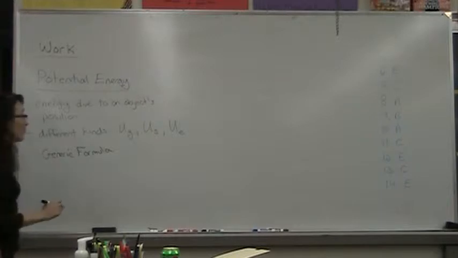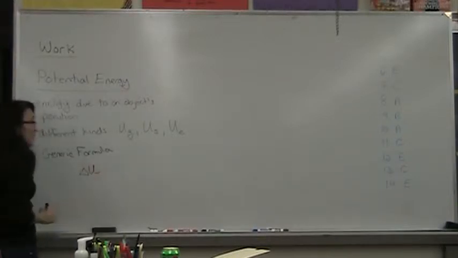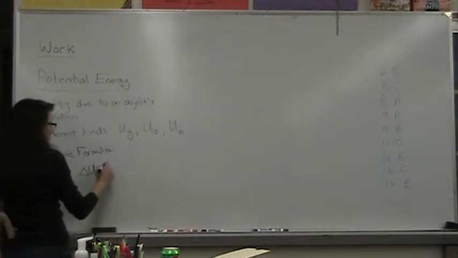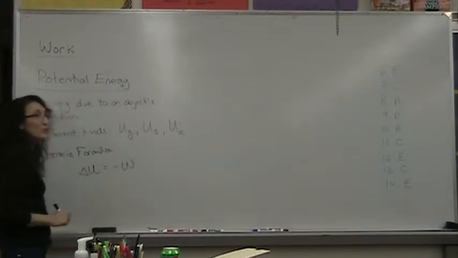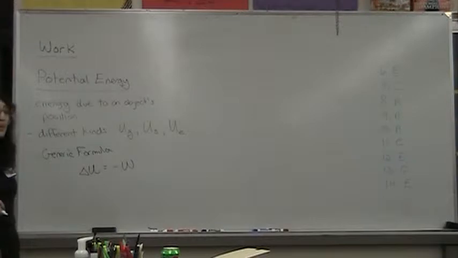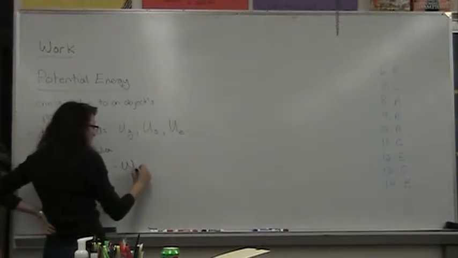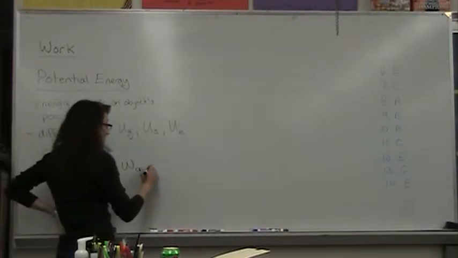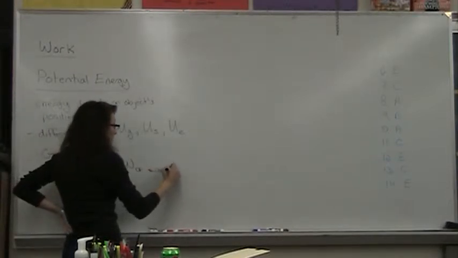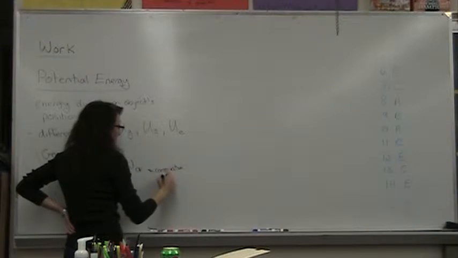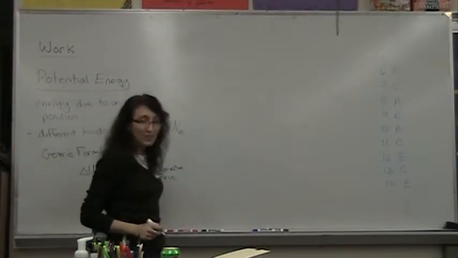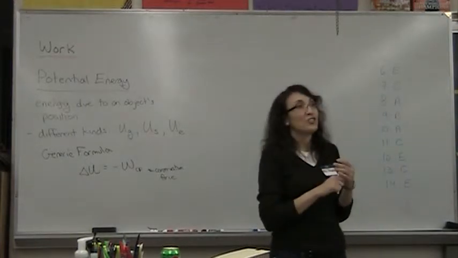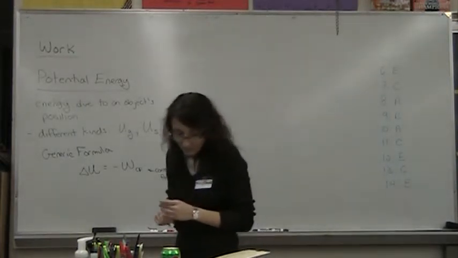And that generic formula is going to be the change in potential energy is equal to the negative of the work done by, I'm going to just abbreviate this, CF, where CF stands for conservative force. So what the heck is she talking about here?